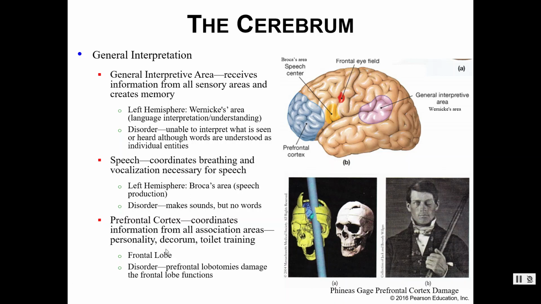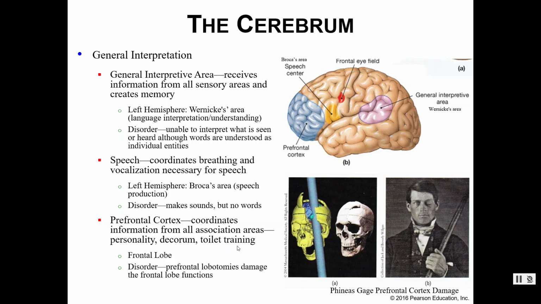All right, your prefrontal cortex. The very, very front portion of your giant noodle. This helps you coordinate information from all your association areas, so we can collectively do all kinds of good human things. This is where your personality comes from, your decorum or your manners, even your toilet training. So we go potty in the potty.